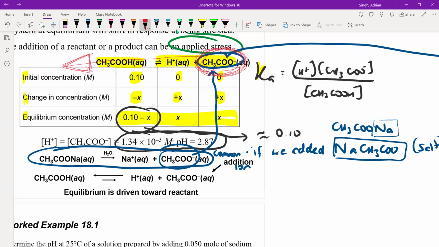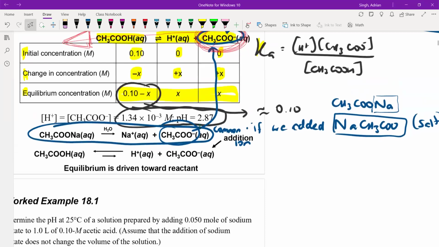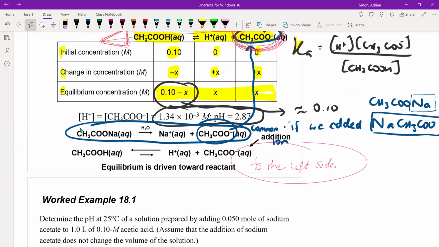And this all has to do with Le Chatelier's principle, again, because we're starting off here with our equilibrium system. So the equilibrium then is actually driven toward the reactant or to the left side. So by adding that common ion, we shift the equilibrium to the left.